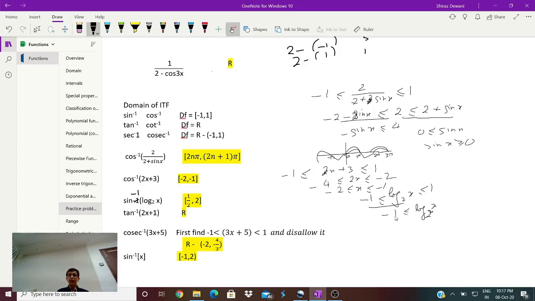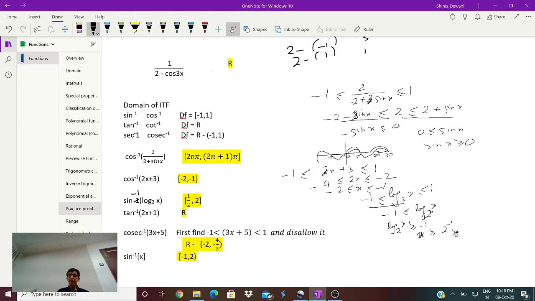You can also write this as log x to the base 2 is more than or equal to minus 1, and hence x will be more than or equal to 2 raised to minus 1, and 2 raised to minus 1 is half.